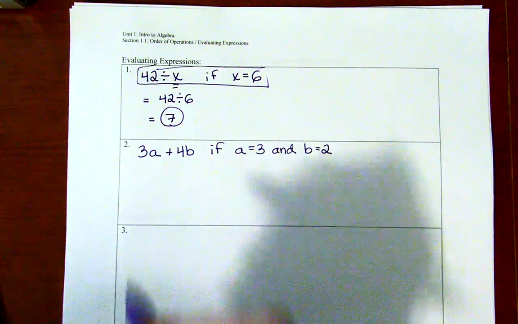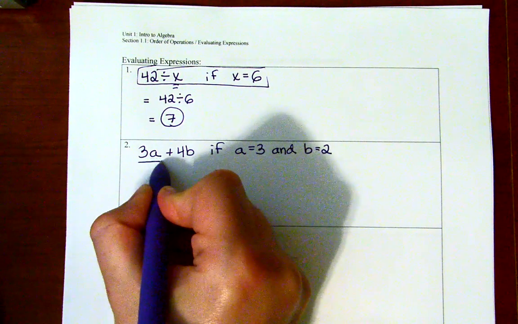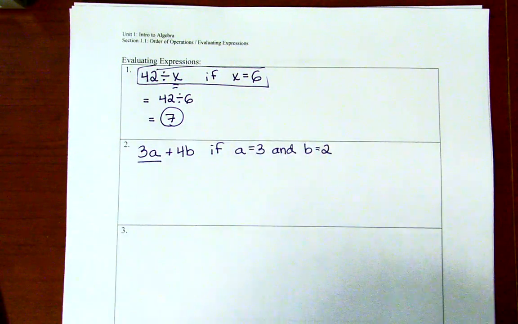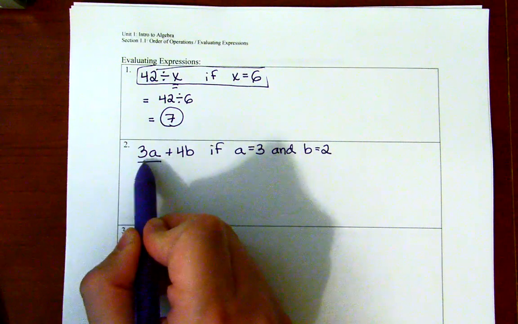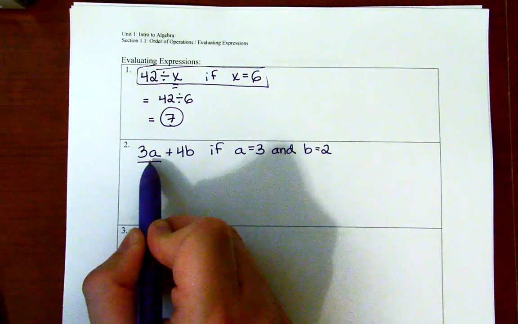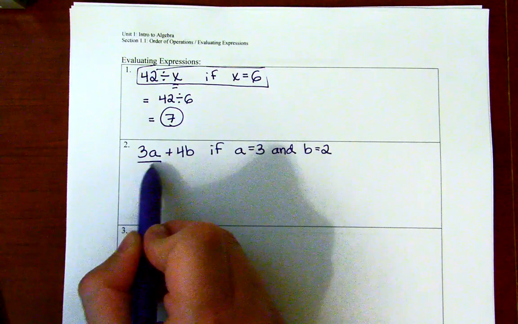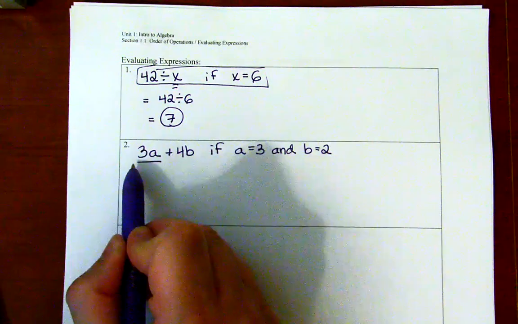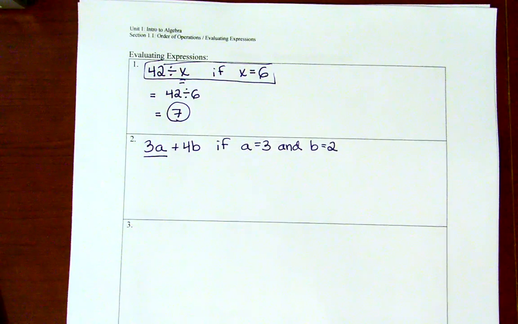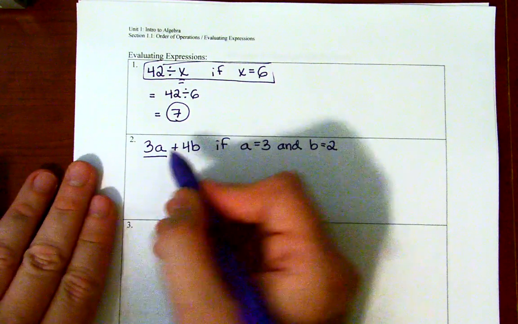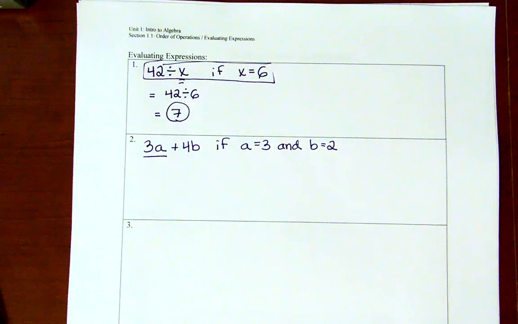Now, before we do this, we need to talk about what exactly 3a means. You don't see it, but there's actually an operation in between the 3 and the a. 3a really means what? 3 plus a? 3 minus a? 3 times a? Or 3 divided by a? 3a really means 3 times a.